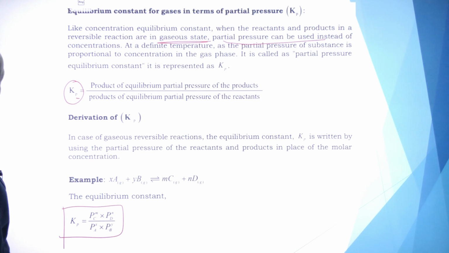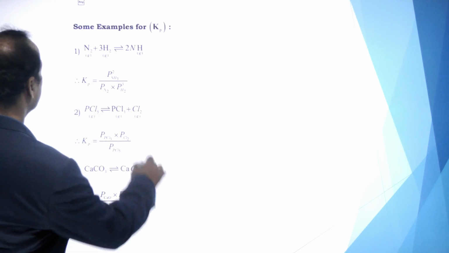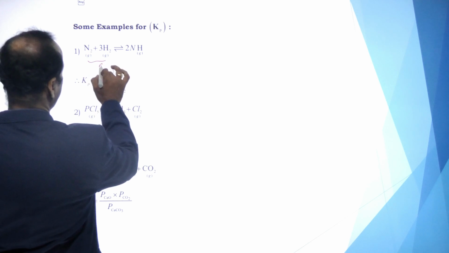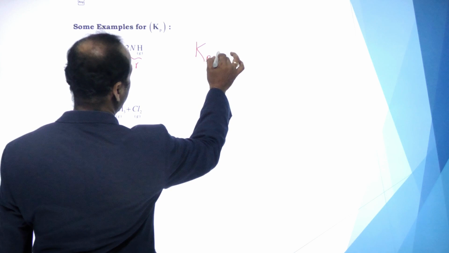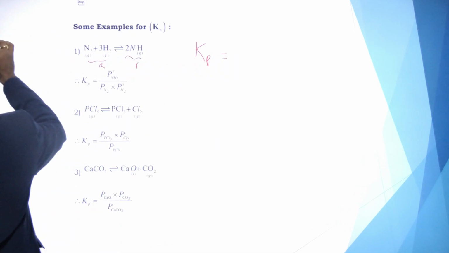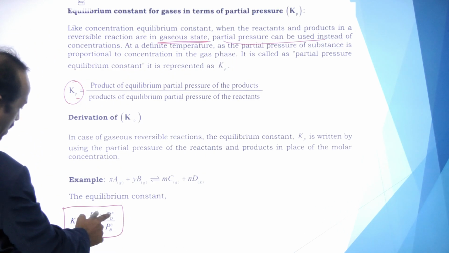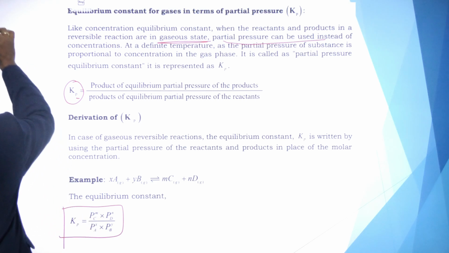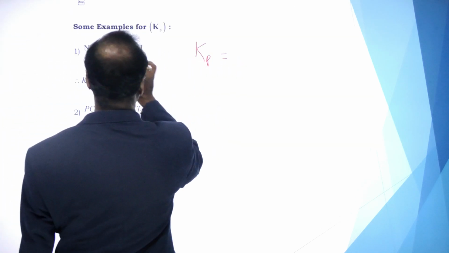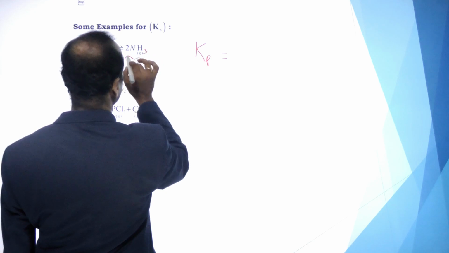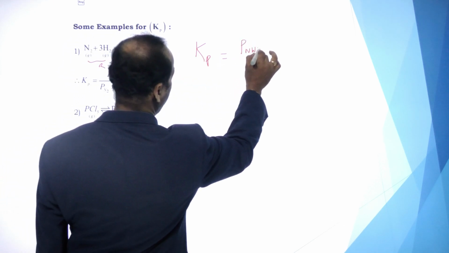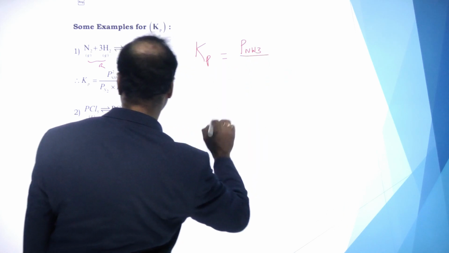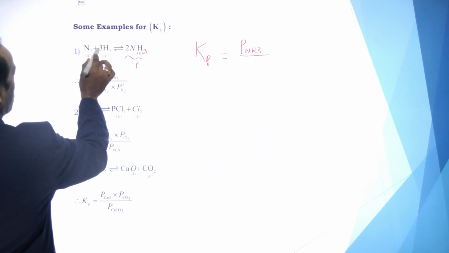Now see here, for example, some are given. These are the reactants and this is the product. Now how can you write Kp? Kp is equal to, first the product. Your product is ammonia, NH3. So partial pressure of ammonia divided by the reactants.